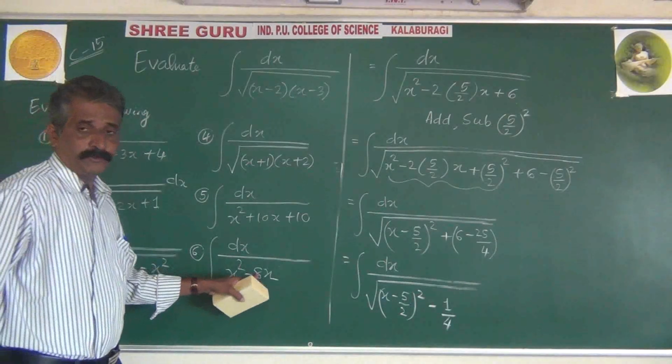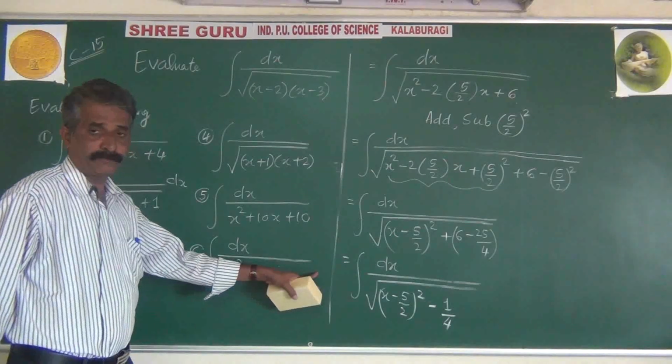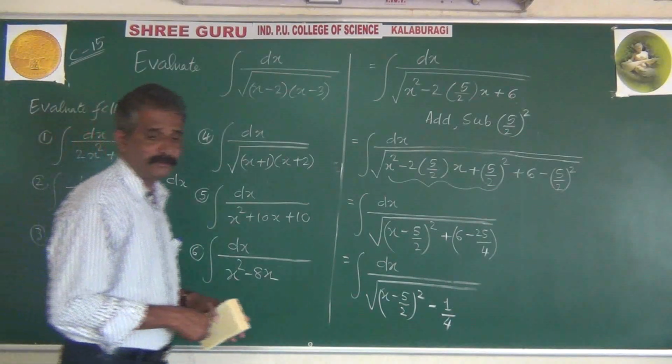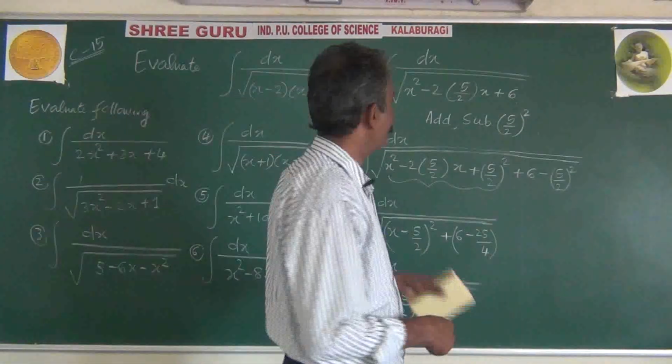What is 8? 2 into 4, add 16, subtract 16, complete the square. At the end, apply the correct integration formula. I hope you will solve these 6 problems yourself without fail.